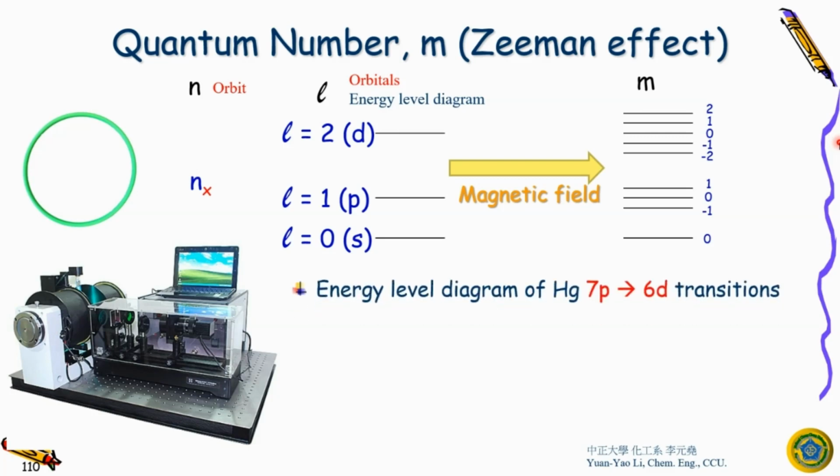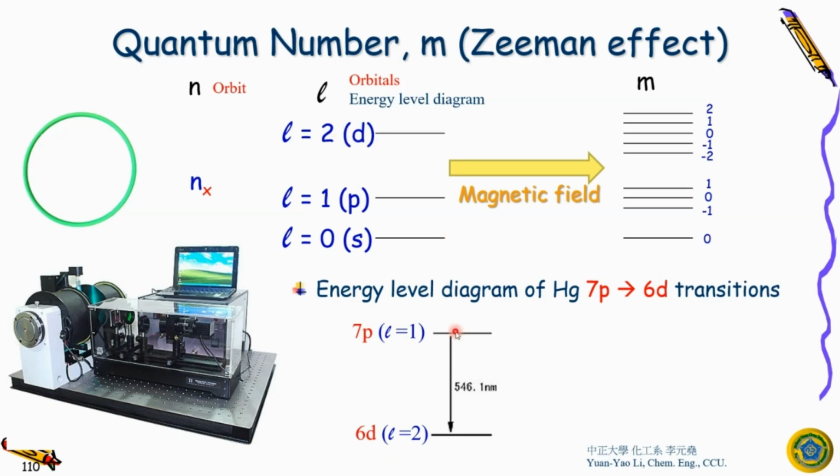So let me give you an example. The energy level diagram of mercury for the 7p to 6d transition, the energy transition of the electron from 7p to 6d. If there's no applied magnetic field, P is L equal to 1, D is L equal to 2, right?